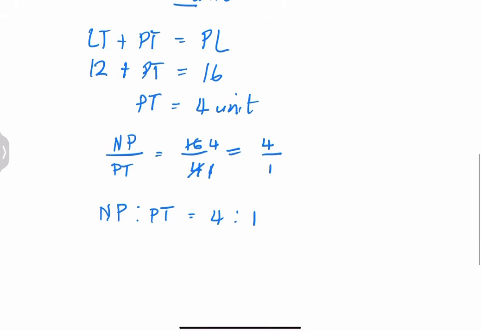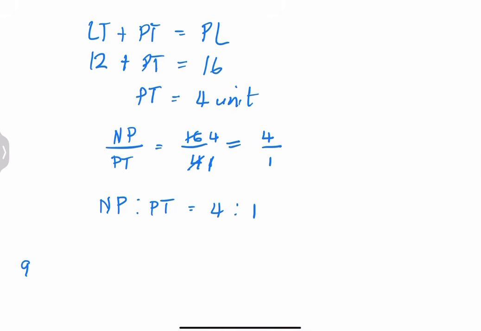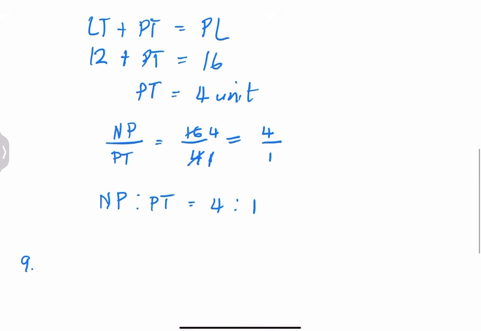So in this case, I'm going to say NP over PT is 4:1, so we've already proven.